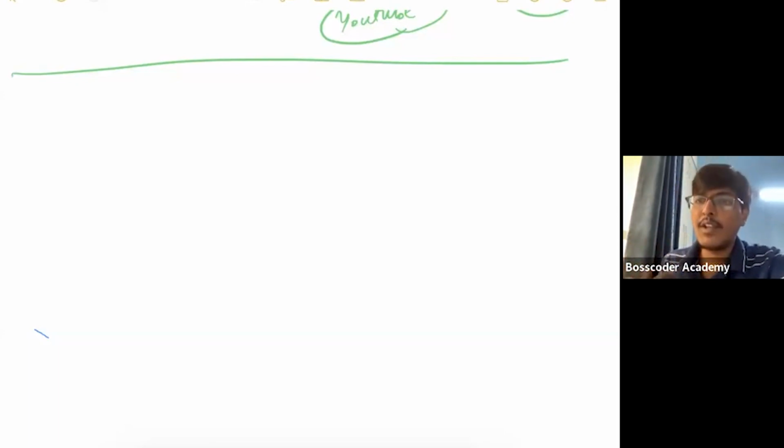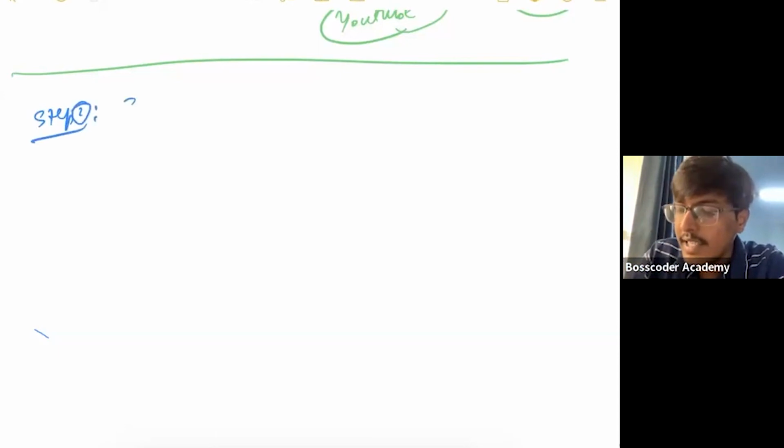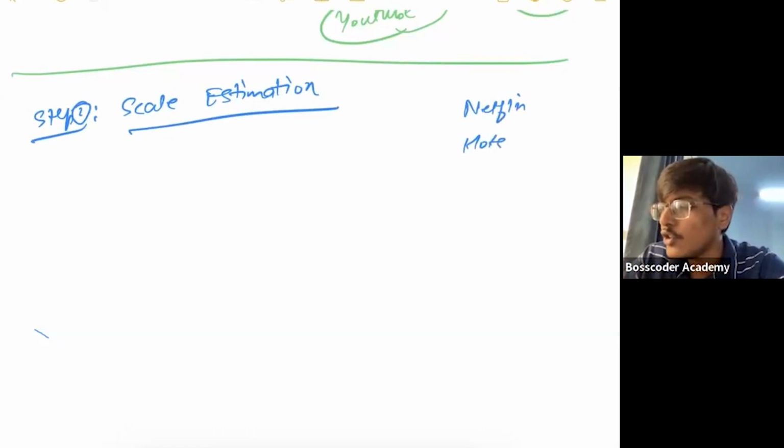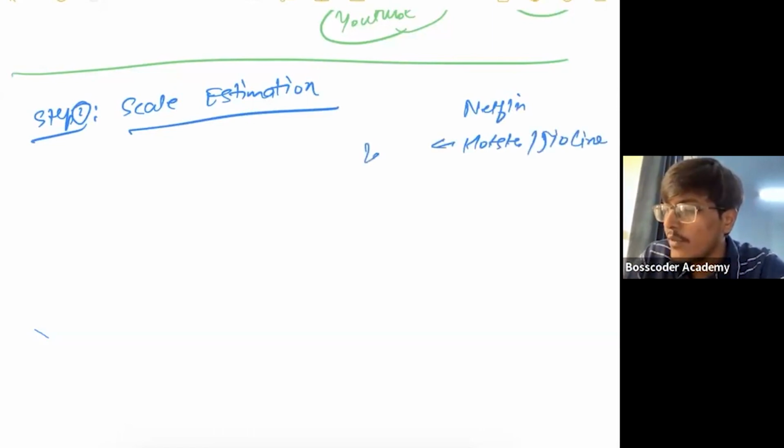Now, once you are clear with what you are designing, let's discuss what is the scale you are designing. Whenever you are designing something like a video streaming platform, like Netflix, or you can think of Hotstar or Jio Cinema, which also host live events like IPL or World Cup.